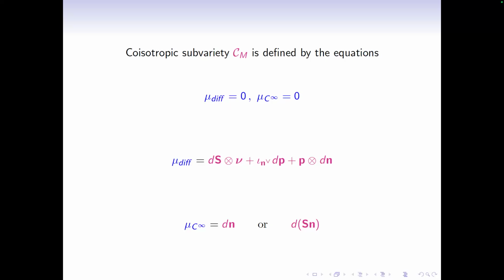To give you an example of the moment map, let's take the finite dimensional manifold, the cotangent bundle to the Euclidean space. The group G will be the group SO3, which acts by rotations.